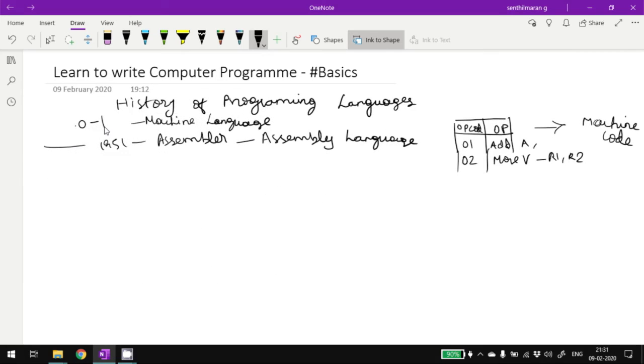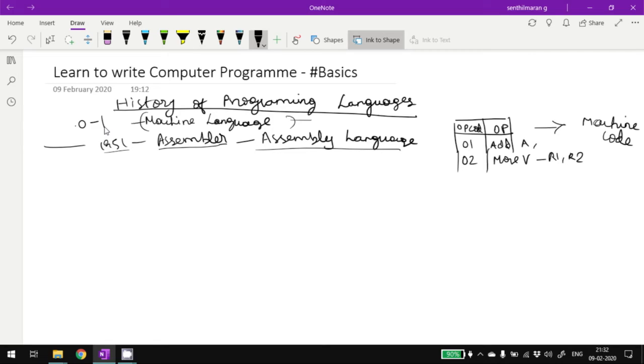Let's move on to the history of programming languages. We know that computers can understand zeros and ones, which we call machine language. It is executed by the integrated circuits underlying the processor. In 1951, the concept of assembly language, which uses an assembler, was introduced.